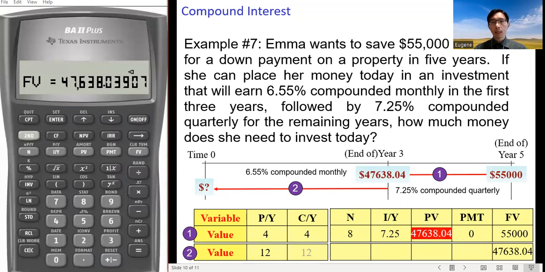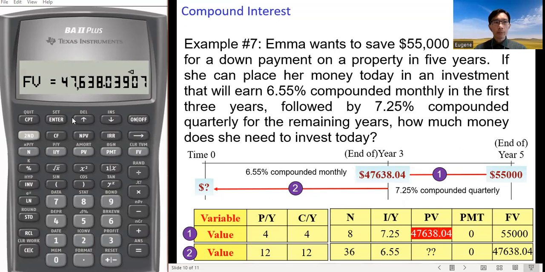PY and CY are 12. The interest rate is compounded monthly. And then N, 36: interest compounded monthly for 3 years, 3 times 12, 36. IY, 6.55. We need to get the PV and 0 for the PMT.